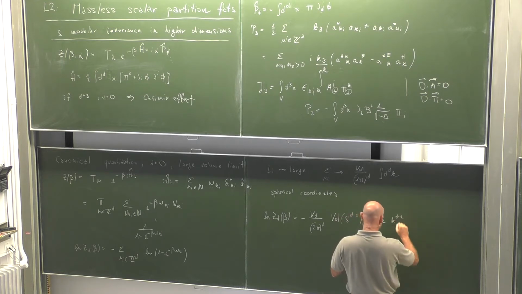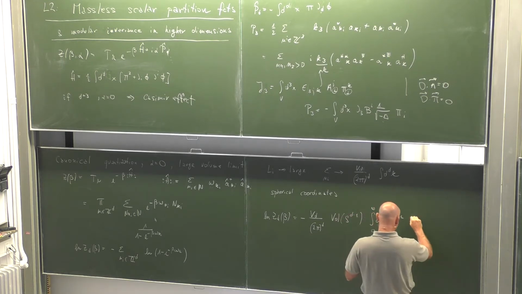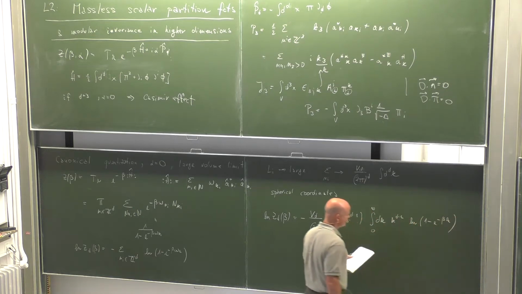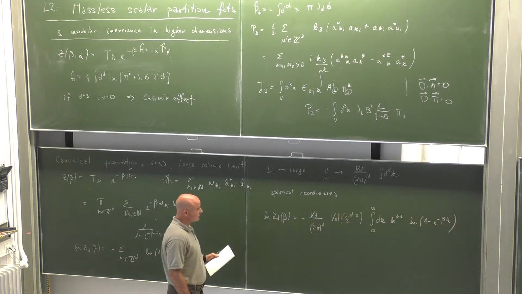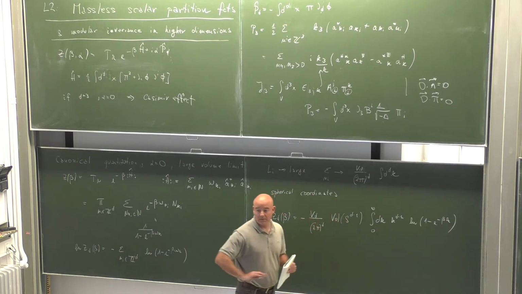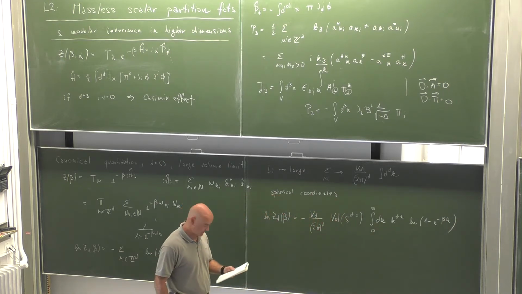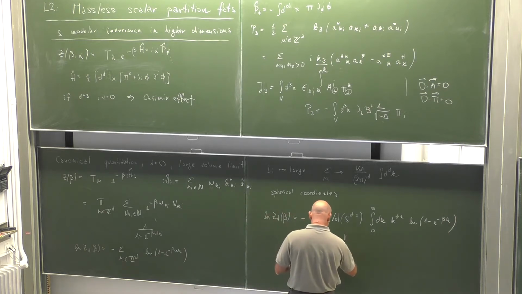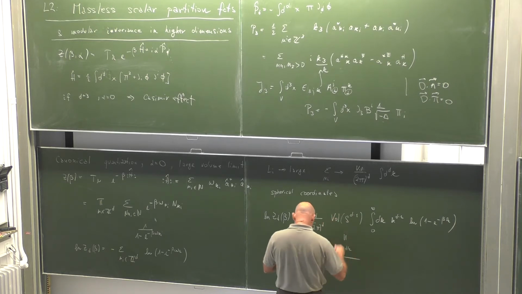You get a k^{d-1} from the Jacobian going to spherical coordinates, and then it's really beta k. So the sum has become this integral, and the only integral that is left is the radial, the integral over the radius. Okay?